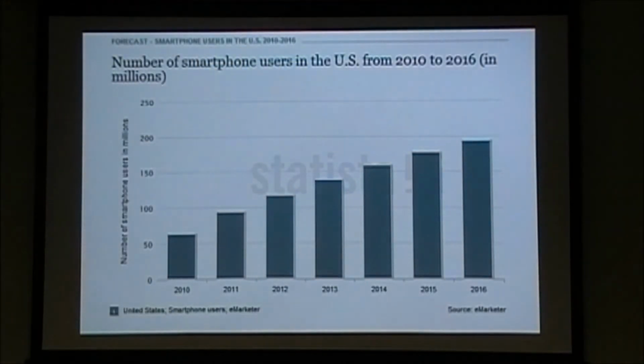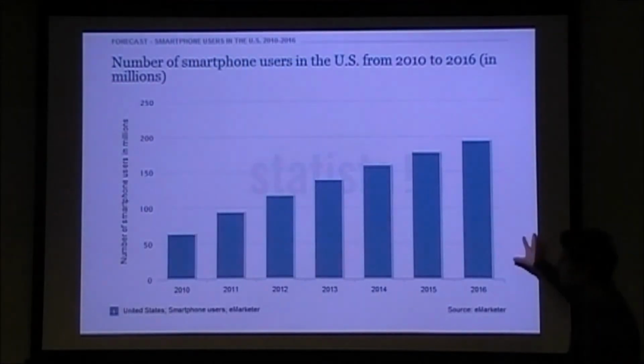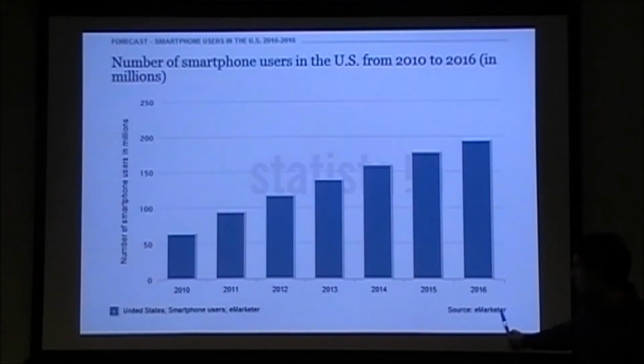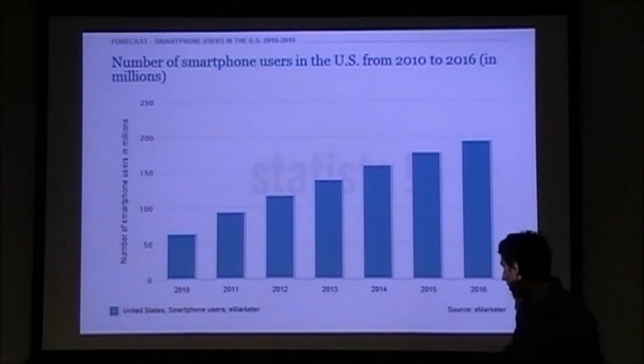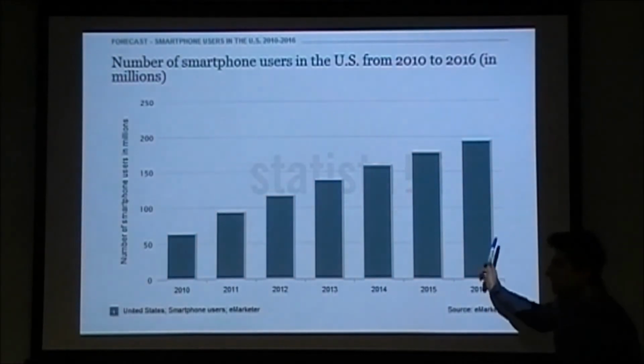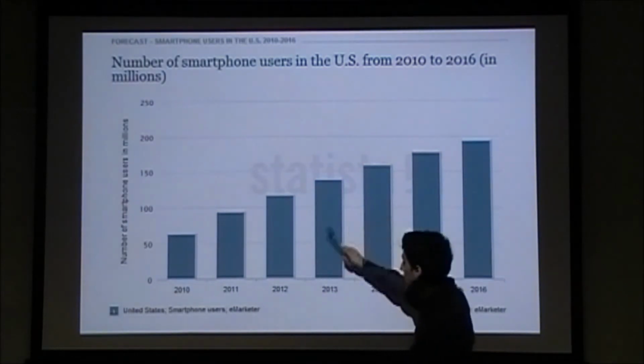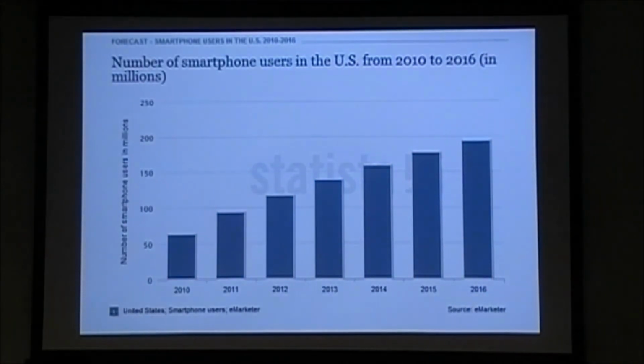So I actually didn't delete this part because I found this very useful in terms of mobile applications. This is just some statistics from eMarketer that was estimating the users. And in 2012, they said that users of smartphones in the US is going to reach the value of 115 million.